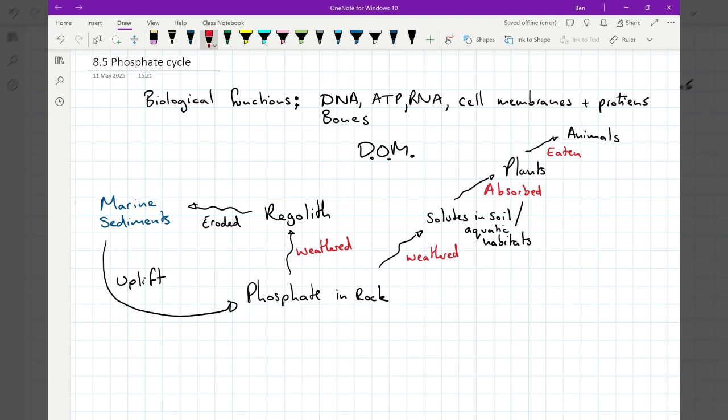And let's put death in then. Okay. And from dead organic matter, it can be broken down from these complex organic molecules and released back into solutes in the soil by decomposition.